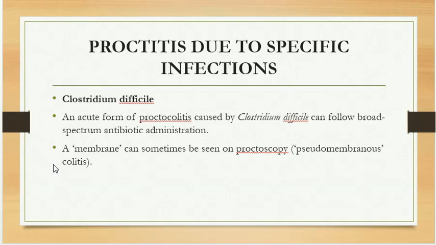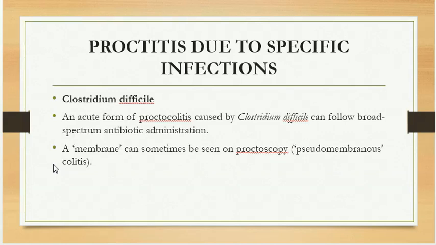This is an acute form of proctocolitis caused by infection with Clostridium difficile, which can follow the use of broad spectrum antibiotics. And the notorious one is clindamycin, which can also lead to a membranous type of pseudocolitis.